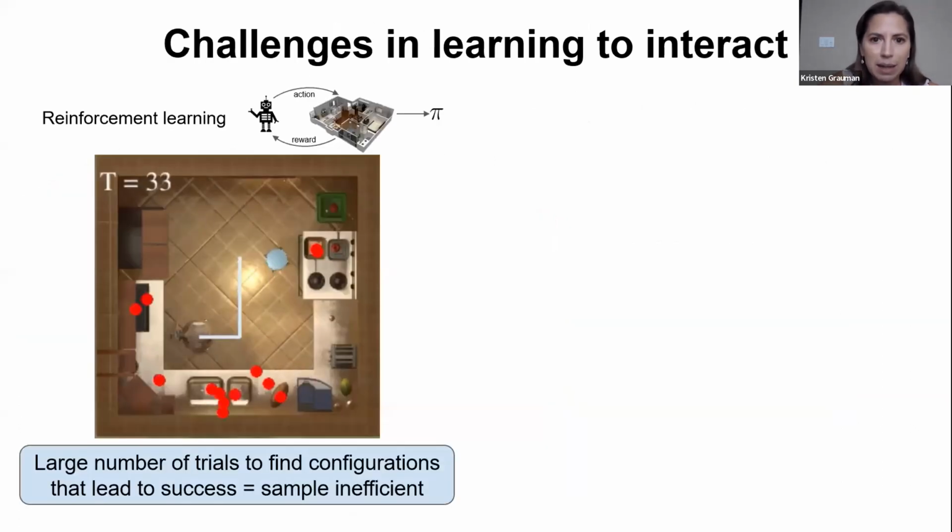And we know that learning to interact can be expensive, is a very hard challenge. So if you look at current reinforcement learning-based models that are showing a lot of interesting progress, they're looking to learn from finding the configurations and the environment state and the agent state that would be successful, which can be notoriously sample inefficient.